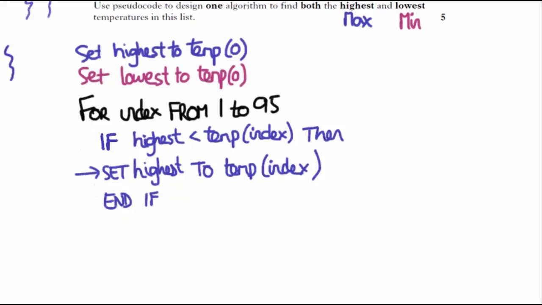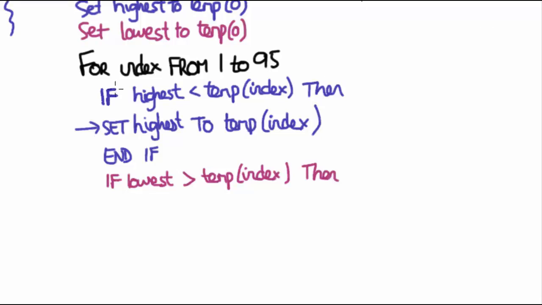We then have a wee look at the same concept for lowest, so we also say if lowest is bigger than the next number you're looking at along the array. At the start index equals 1, then once it goes through the loop, index equals 2, and it does this until index equals 95, and then it comes out of the loop.